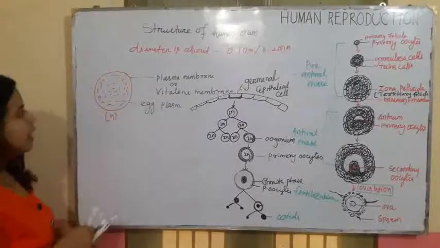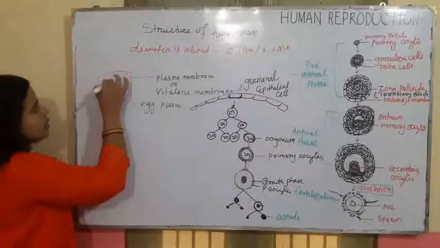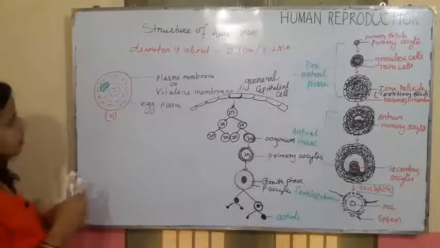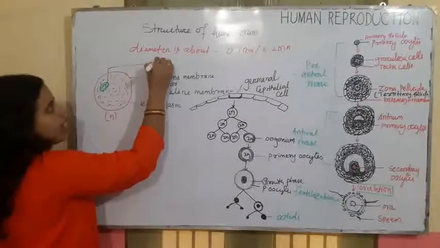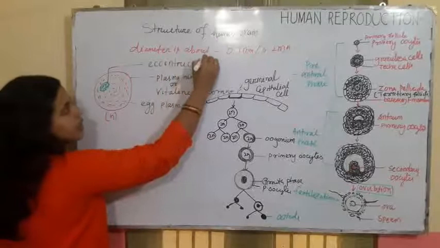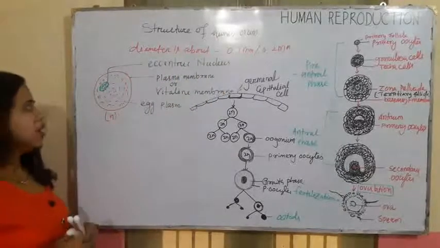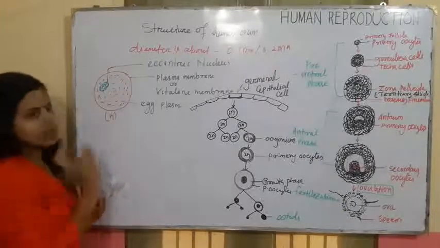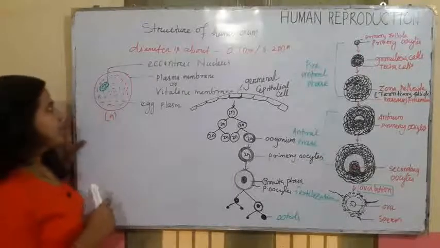And inside that, an eccentric nucleus is present. Okay, let us label them, eccentric nucleus is present. Eccentric means not just at the center, it is towards the periphery.